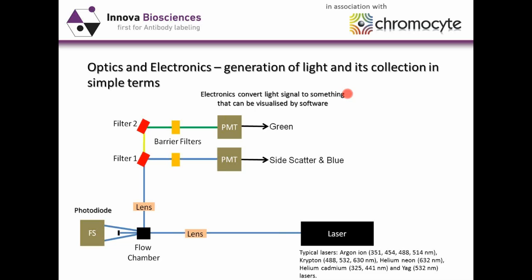Some of the light goes straight through the flow chamber and is picked up by a photodiode, and that gives a parameter called forward scatter, and I'll go back into that in a few seconds. What forward scatter does is it's an indicator of the cell size. So the light which has gone into the flow chamber is then directed through a series of filters and mirrors, and we'll go back into that later on. And the signals which emanate from that system are collected by photomultiplier tubes, and that will give you the fluorescent signals which are required for your particular experiment.